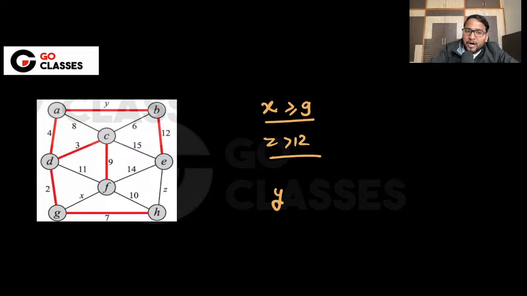Tell me. It is a part of the MST, so it will be less than or equal to 6, right? Y must be less than or equal to 6, because it cannot be greater than 6.